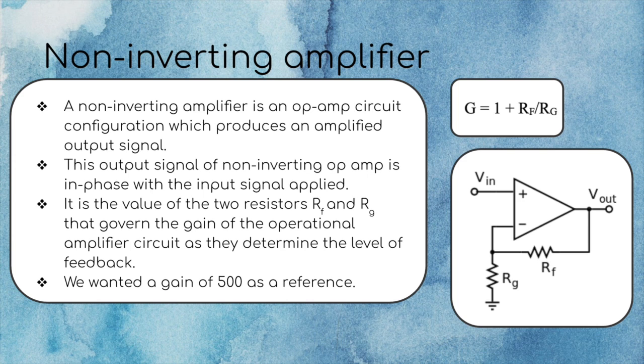A non-inverting amplifier also uses a negative feedback connection, but instead of feeding the entire output signal to the input, only a part of the output signal voltage is fed back as input to the inverting input terminal of the op-amp. It is the value of the two resistors, RF and RG, that govern the gain of the operational amplifier circuit as they determine the level of feedback. We wanted a gain of 500, so we used the equation to the right to calculate the value of the resistors.